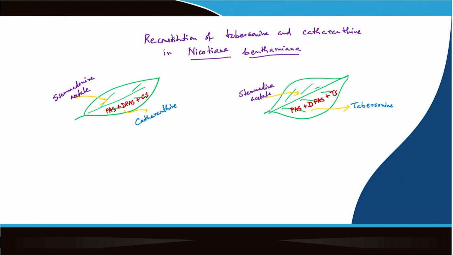So, the pathway showed how plants create chemical diversity, and this also enabled the development of a heterologous platform for generation of stemadenine derived bioactive compounds.